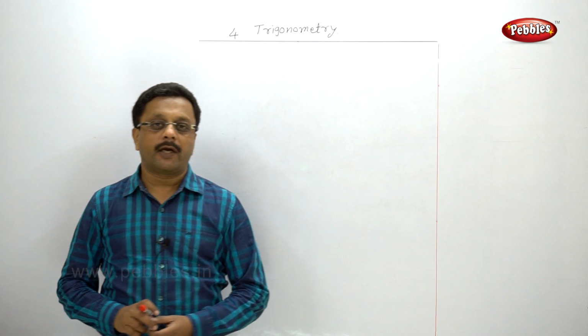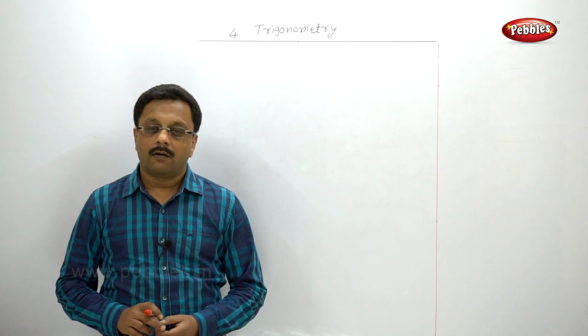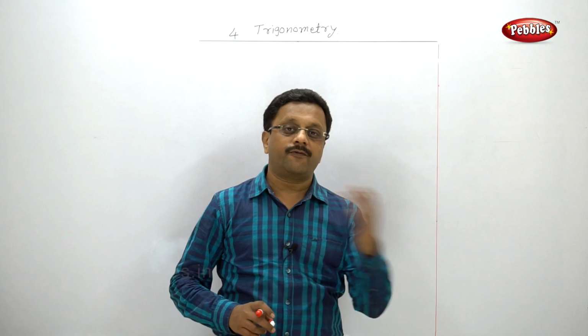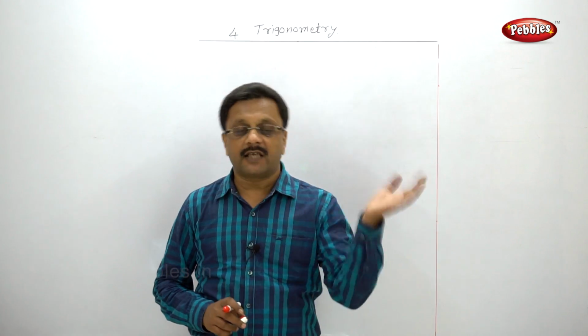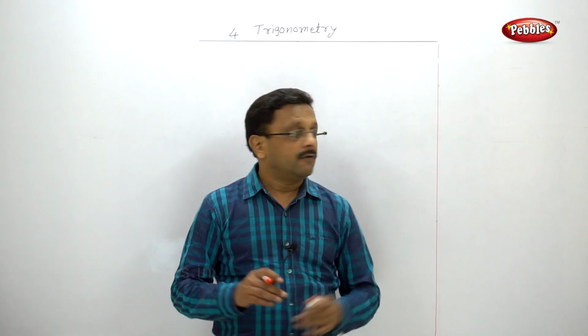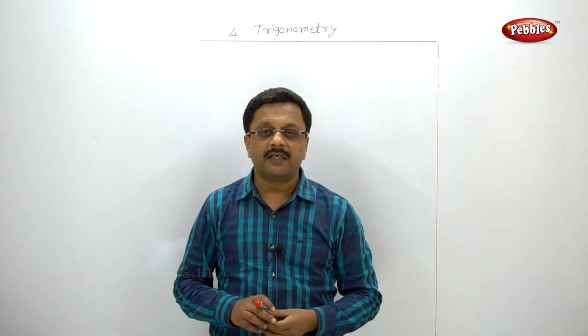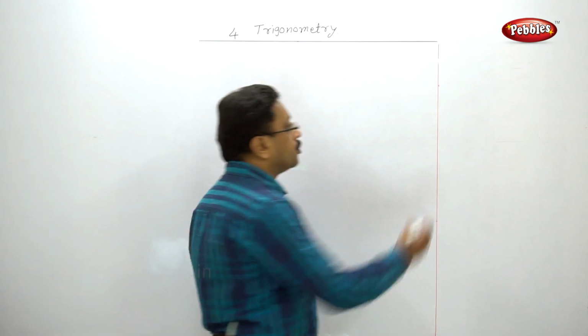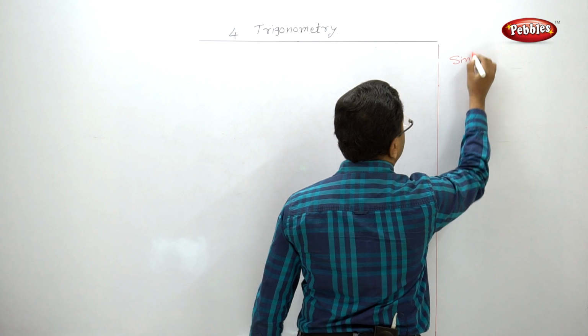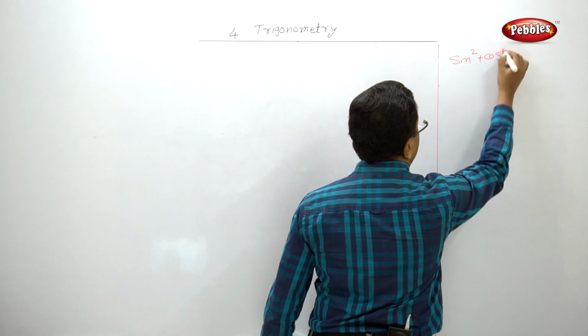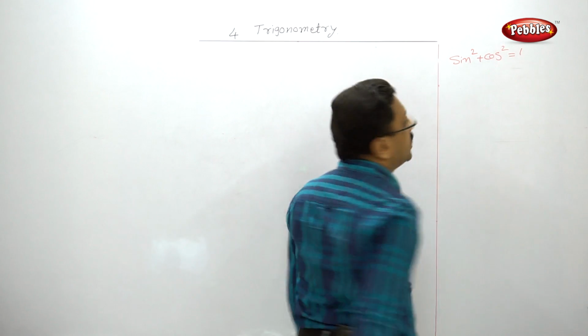No, I am not going to write the angle. Okay, for simplicity, instead of saying sine A, sine B, sine theta, while writing the identities I will simply say sine. Okay, so first is sine square plus cos square is equal to 1.